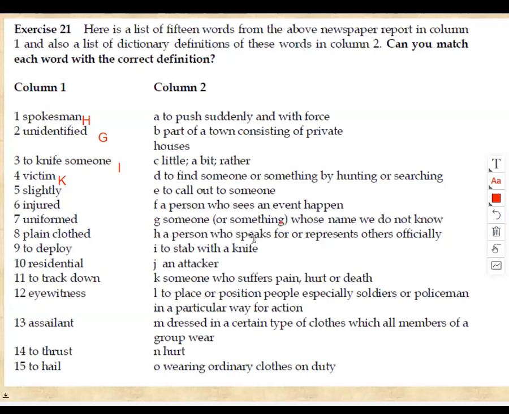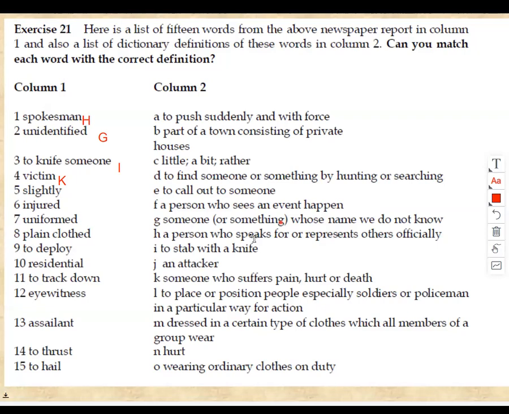So these are some of the answers. For example, for spokesman, you can say the answer is a person who speaks for or represents others officially. Like in the example, we read that a police spokesman, a person who will speak on behalf of police, is called a spokesman. Then unidentified corresponds to the option G, someone whose name we do not know or we are not aware of.